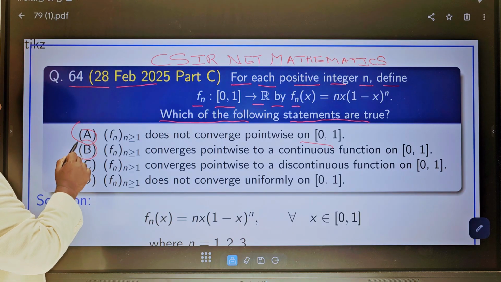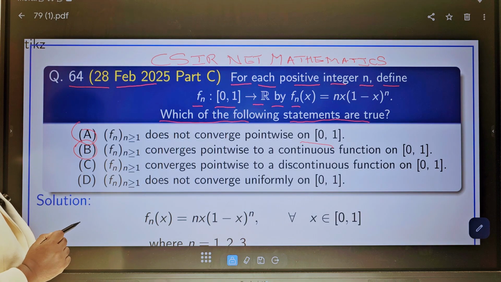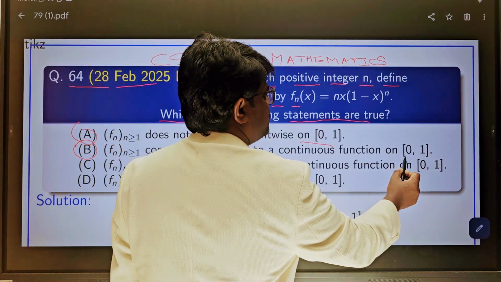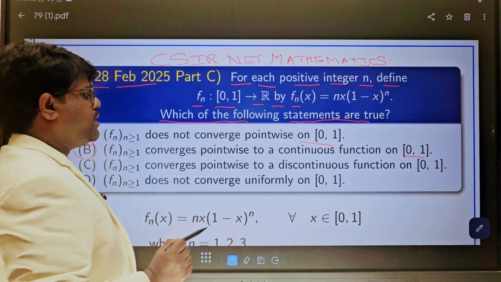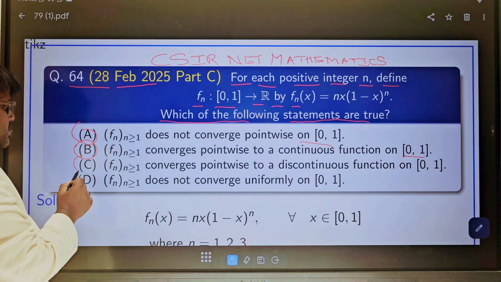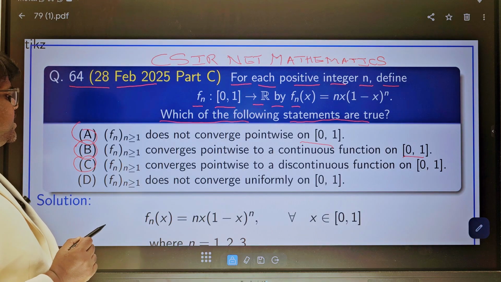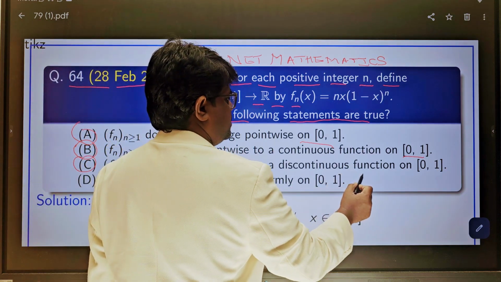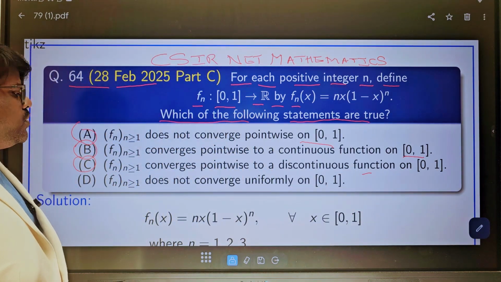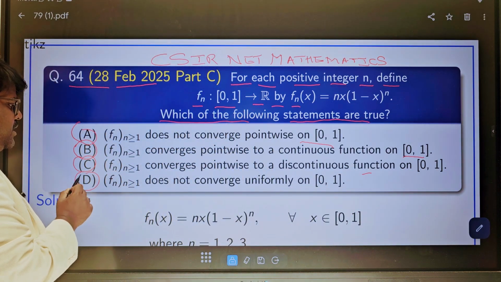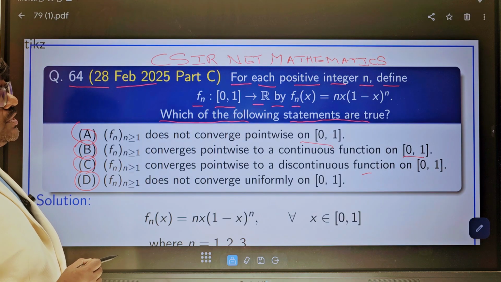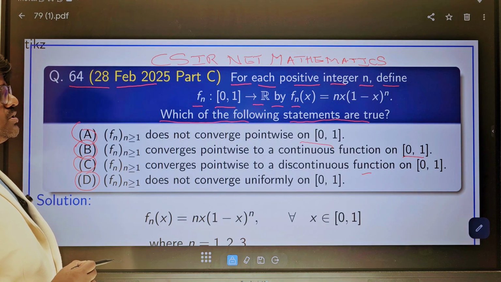Option B: fn converges pointwise to a continuous function on the closed interval 0, 1. Option C: fn converges pointwise to a discontinuous function in the closed interval 0, 1. Option D: fn does not converge uniformly on the closed interval 0, 1.